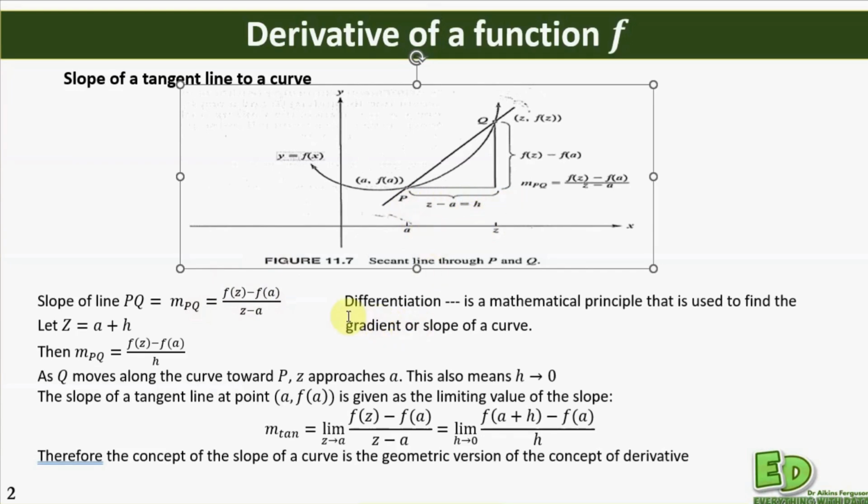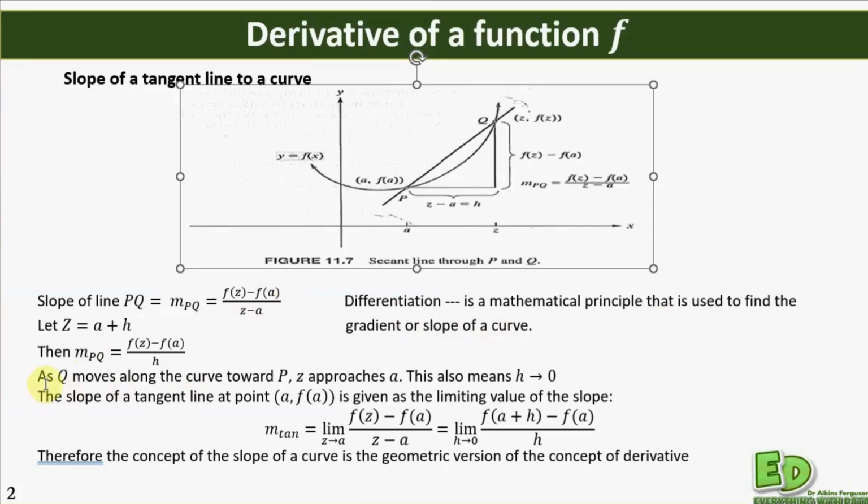Take note that differentiation is a mathematical principle that is used to find the gradient or slope of a curve, right? Okay, so this is basically the idea or the formula of the first principle. We'll just change the alphabets or do some small changes here to get the final differentiation from first principle formula, right?